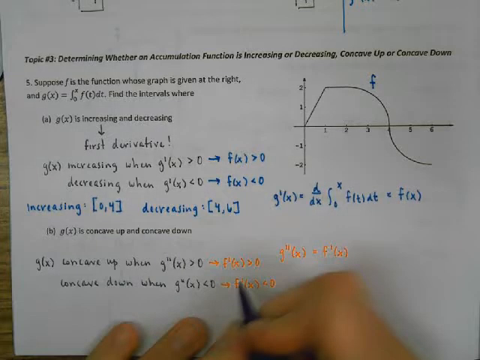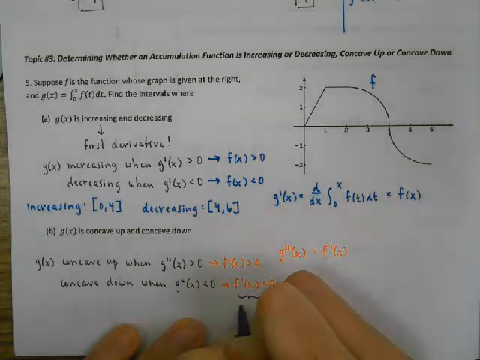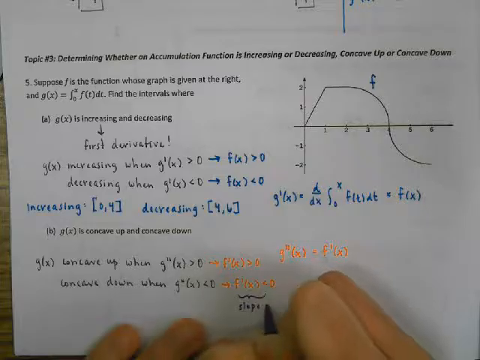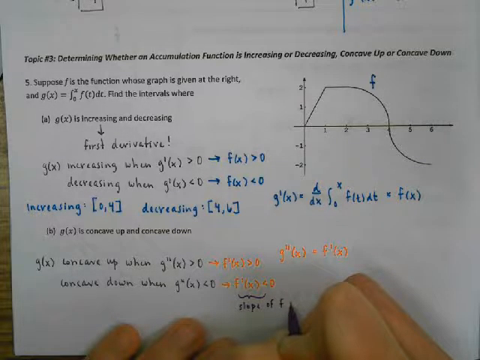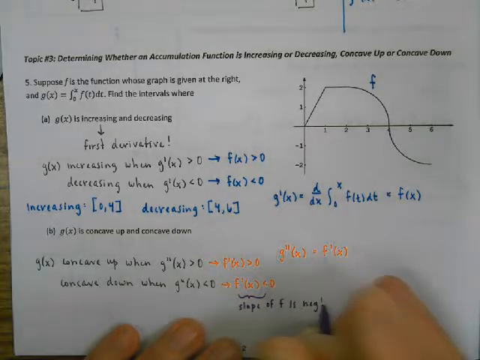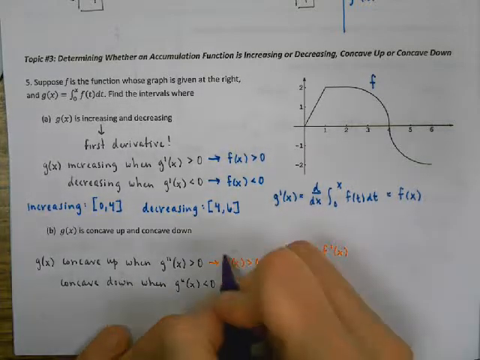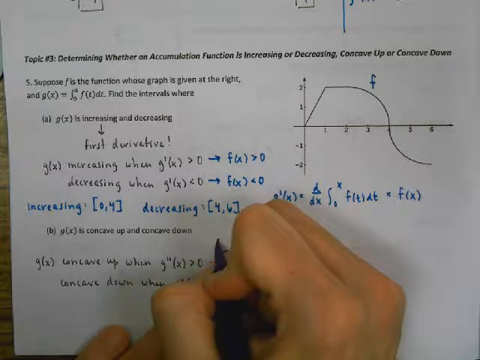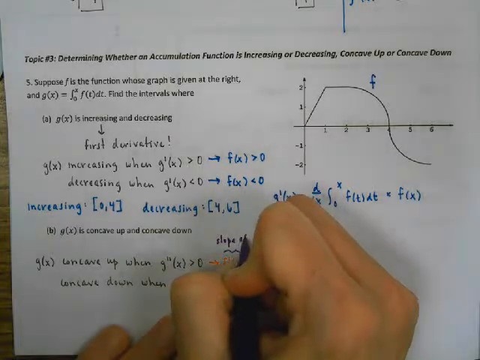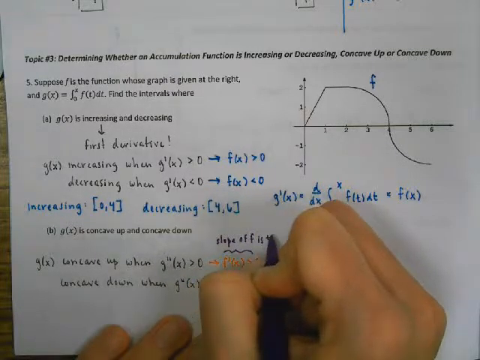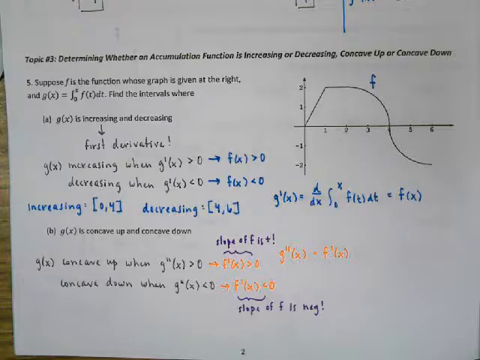Now, keep in mind, f prime of x less than 0 means the slope of f is negative. And f prime of x greater than 0 means I'm looking for where the slope of f is positive.